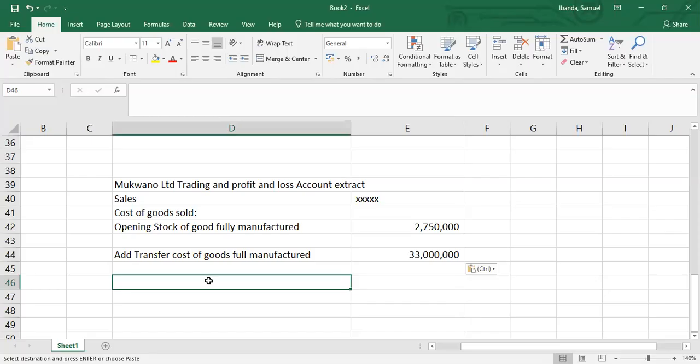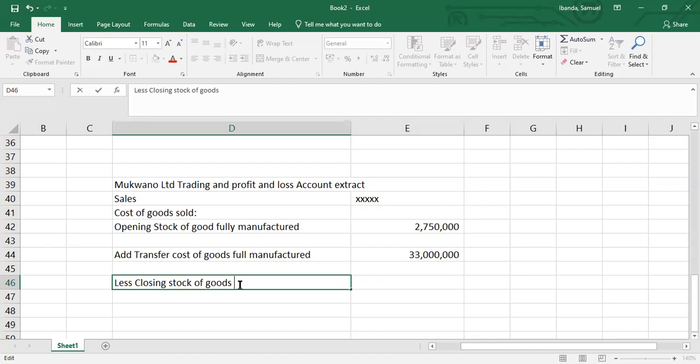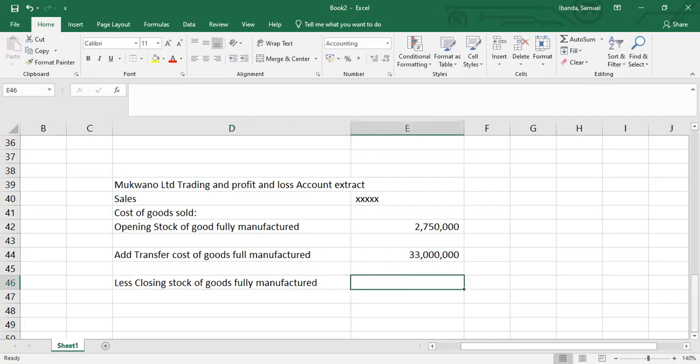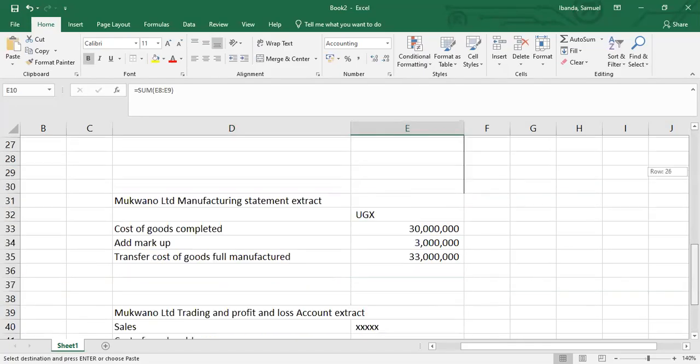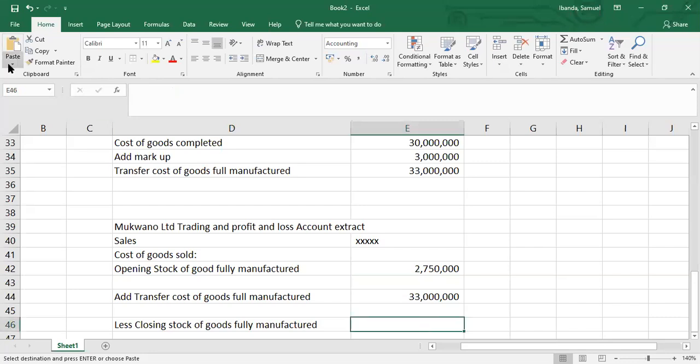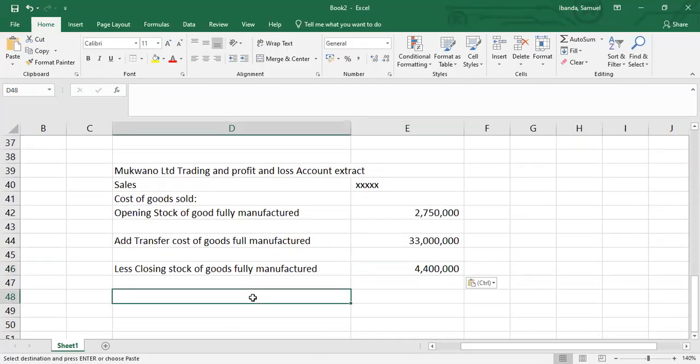And then after that, we go ahead to less closing stock of goods fully manufactured, which we also computed right here to be 4 million, okay? So we should be able to get our cost of sales.